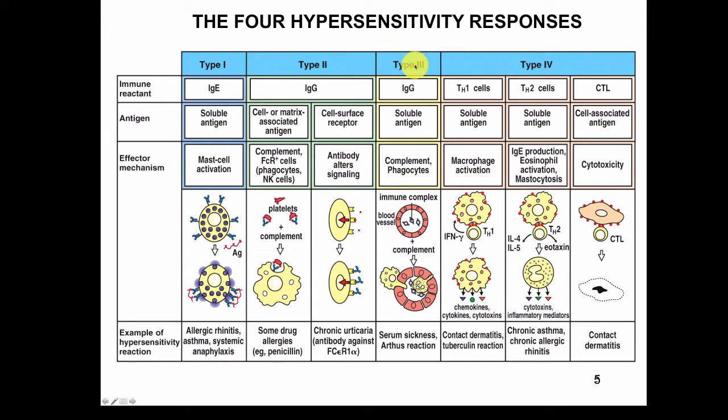Type 2 and type 3 hypersensitivity responses both involve and require IgG production. And the difference is that type 2 involves IgG engaging with antigens that are associated with cells, whereas type 3 involves IgG engaging with a soluble antigen and forming an immune complex that then deposits in tissues.